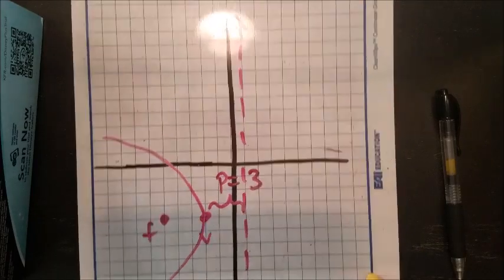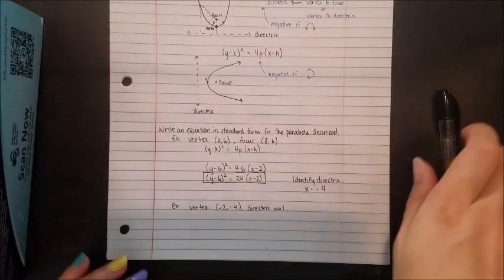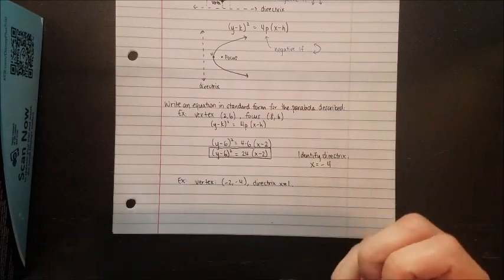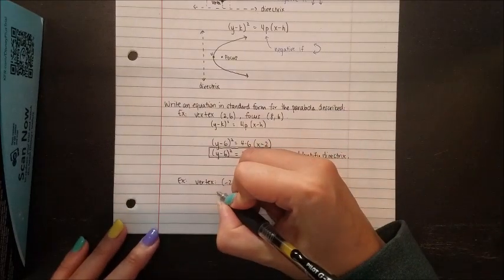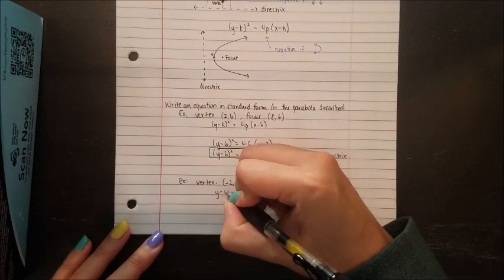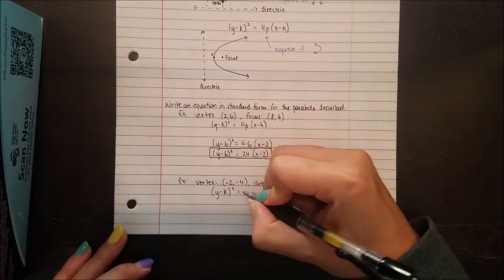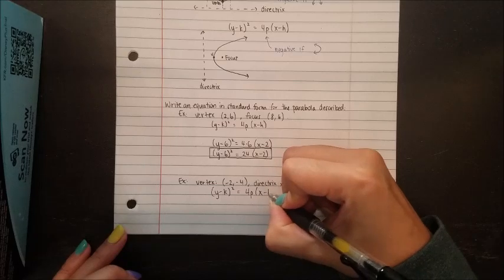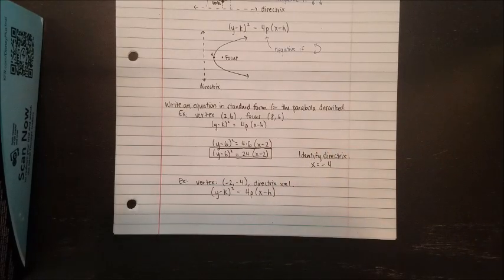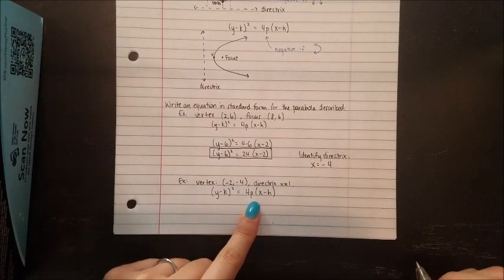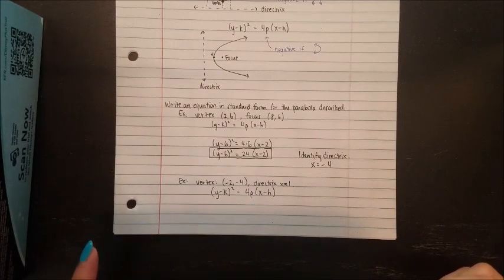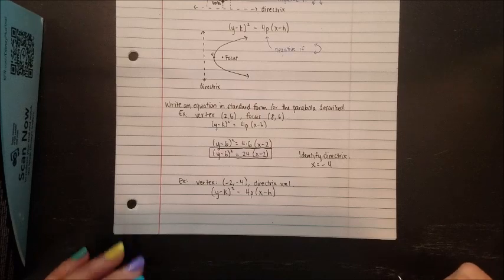Okay, so going back to writing the equation, we know our equation, because it's facing left, is going to be y squared. So y minus k squared equals 4p times x minus h. So I know p was 3, but because it was facing to the left, p should be negative.